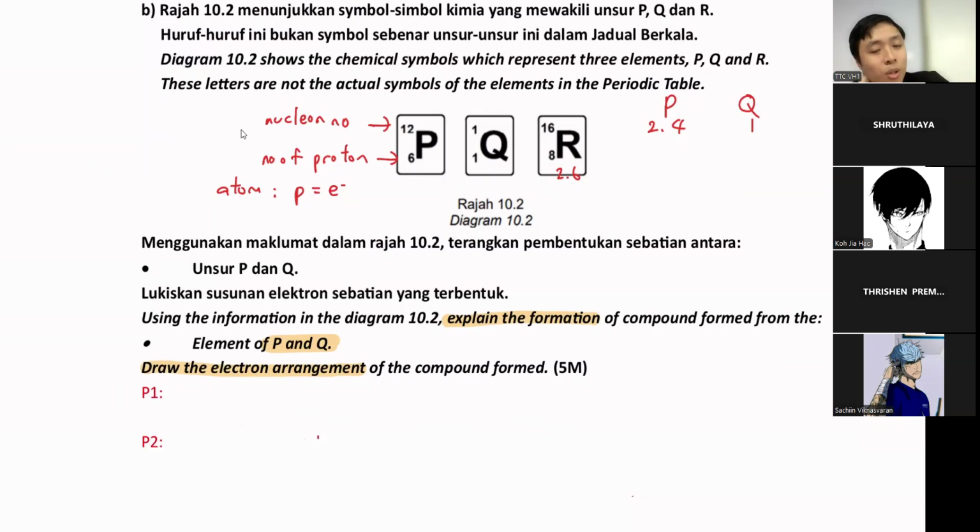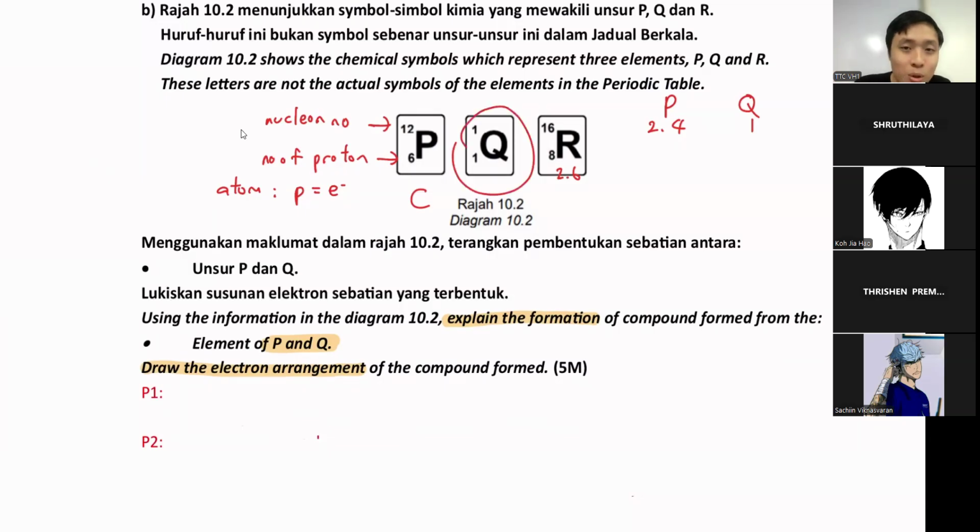Which one has 6 protons? Actually, P is carbon. Cannot be aluminium. 6 protons is carbon.